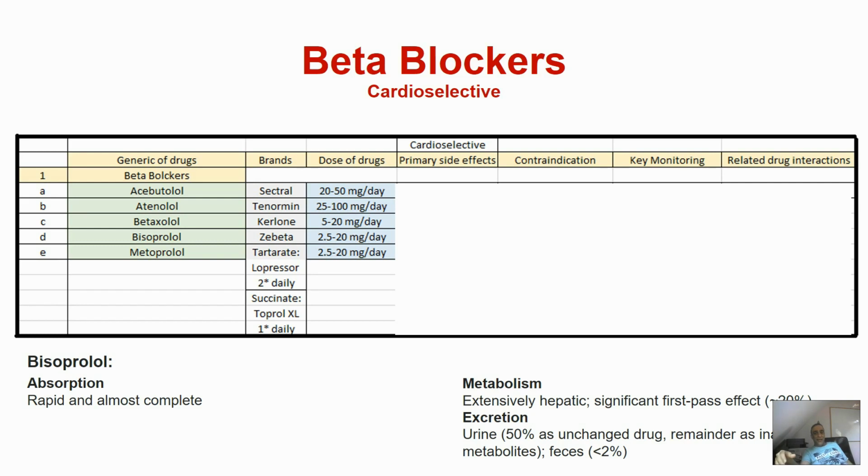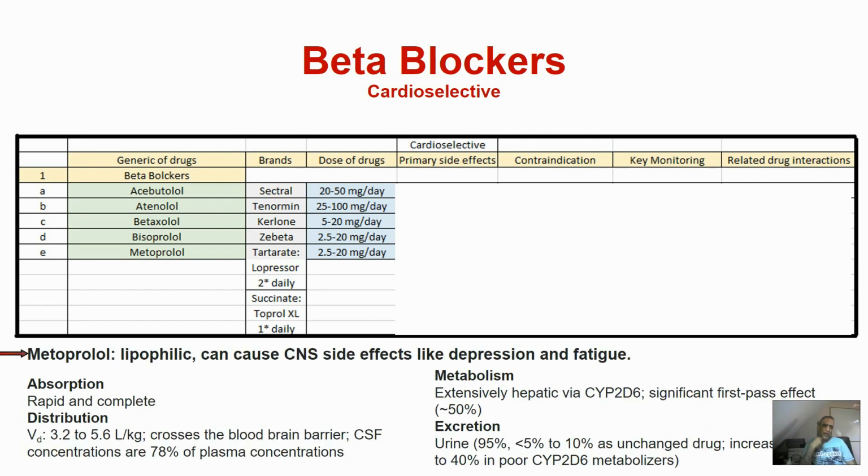It has extensive hepatic metabolism, and a significant first pass effect: when the drug is absorbed from the GI tract, it goes by the portal circulation to the liver, and in the first pass effect the drug can be metabolized. For excretion, 50% is in the urine as unchanged drug, the remainder is inactive metabolites, and we can find a very low amount in the feces.